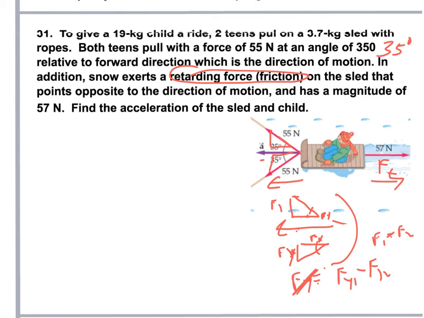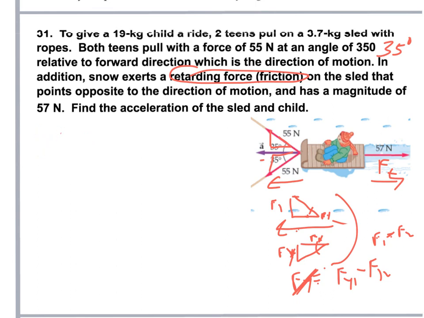So when we do that, we see that F sub x is the same magnitude on both sides and in the same direction. So we'll write down the summation of our forces in the x direction, and that's going to equal, let me write that.